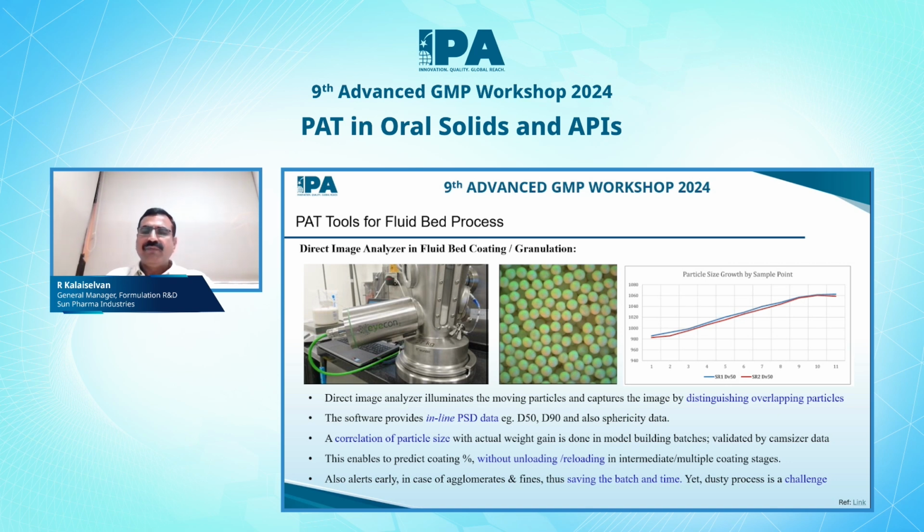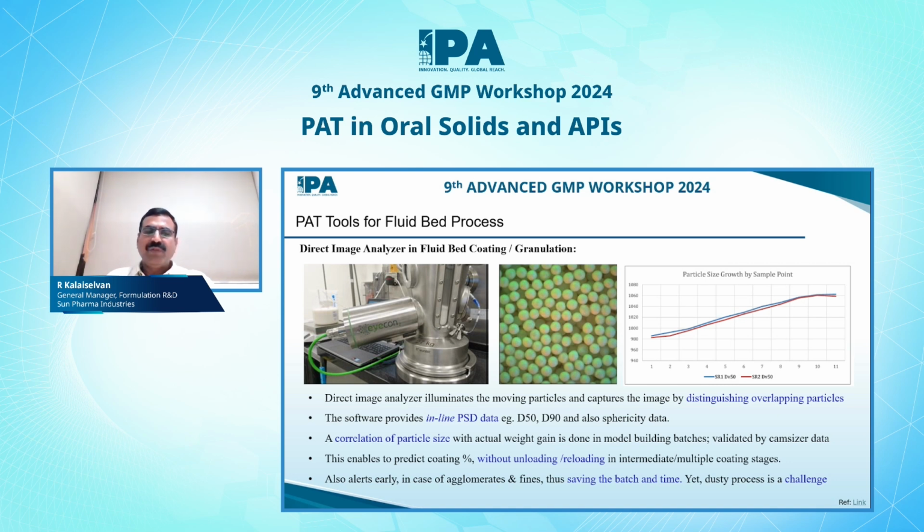And the advantage is we have experience with unloading and reloading the pellets in multiple stages of coating. It takes a lot of time in the manufacturing area. In R&D, it takes very little time, but in the manufacturing setup, it takes a lot of time for unloading and then checking the weight, then reloading in case of multiple stages of coating, like seal coating, functional coating. We can have a final check after functional coating, but in between, multiple coatings, the drug layering and seal coating will be there.